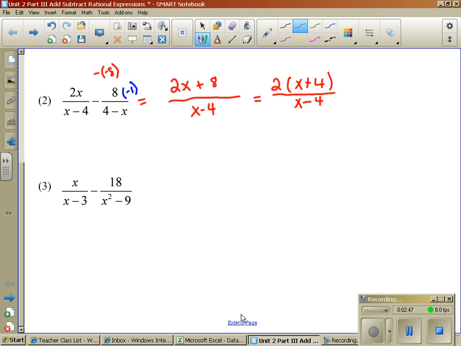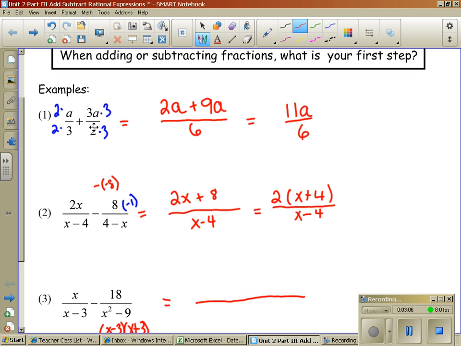Next one, common denominator. Now before we start, let's factor this denominator, x minus 3, x plus 3. So remember, with a common denominator, you need everything. Just like here when we did the 2 and the 3, we needed the least common multiple of both of these.